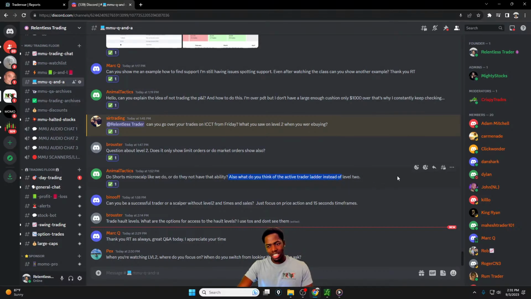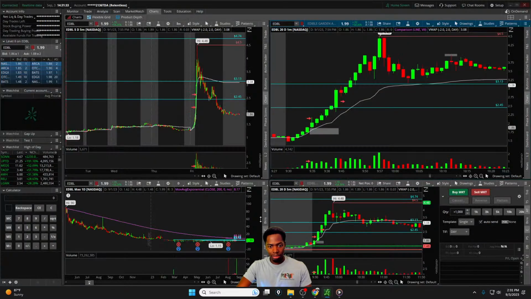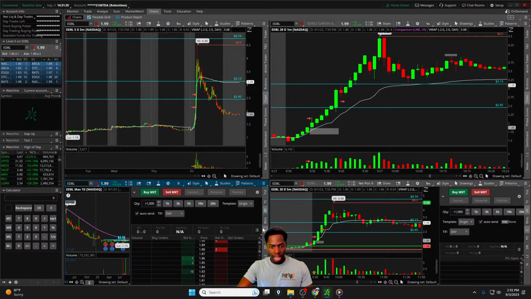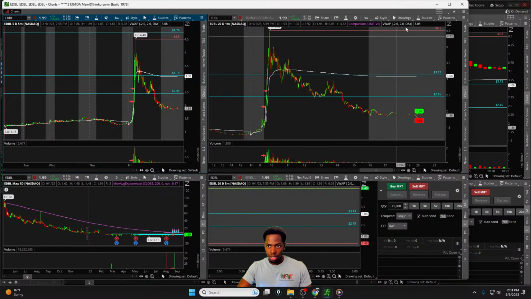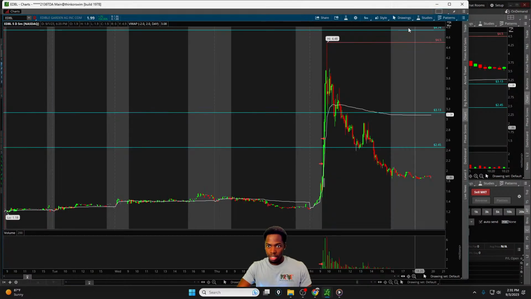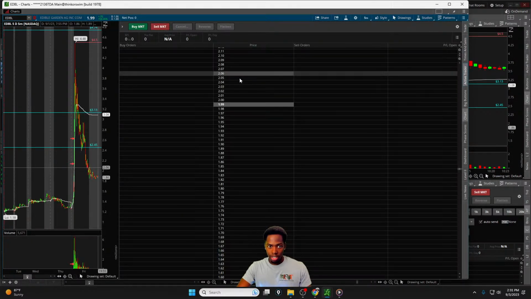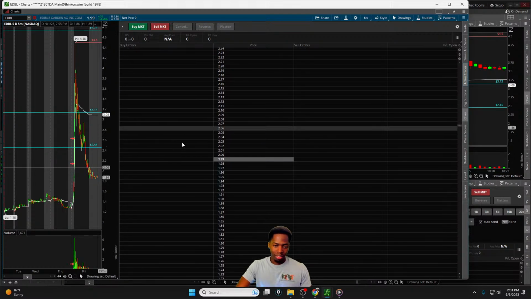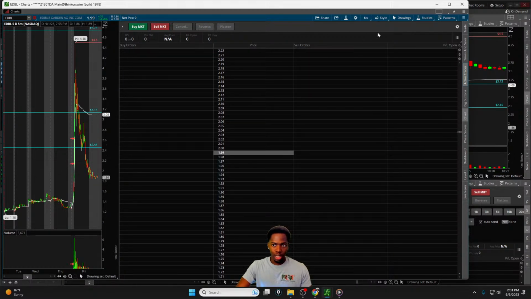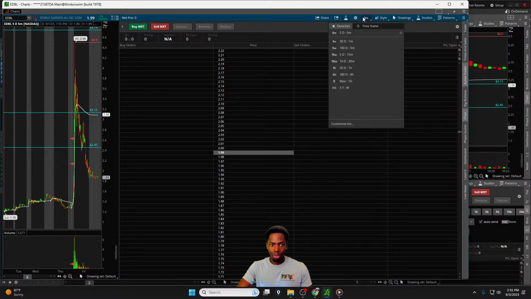But yeah, those guys use the ladder. It's represented and depicted in a slightly different way. If you pull out the active trader, for those of you who might not be familiar with it, this is how it looks. Actually, let's do it this way. Detach, one cell, active trader. This is what the ladder basically is. It's a slightly different visual on the level 2.